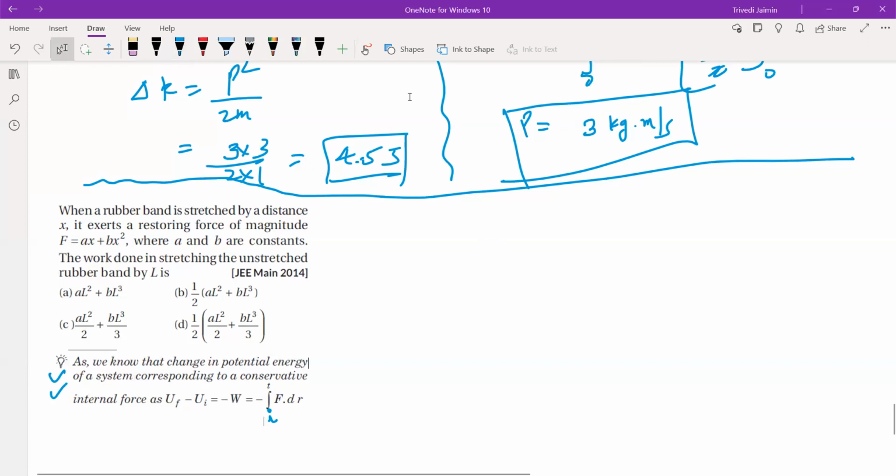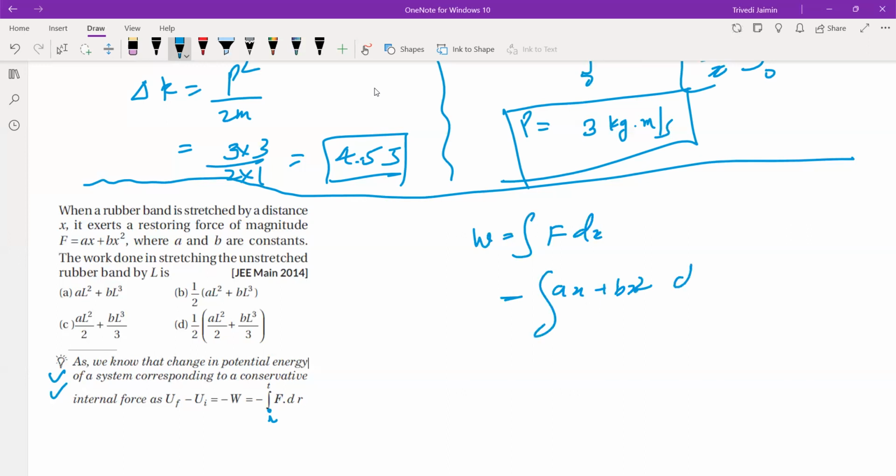Okay, let's start. Ax squared by 2 plus bx cube by 3, go from 0 to alpha.